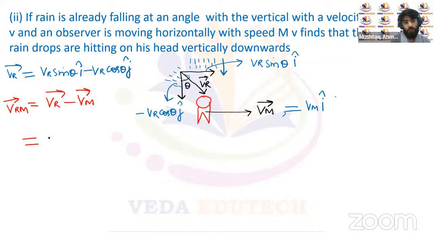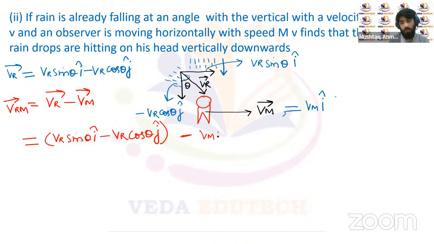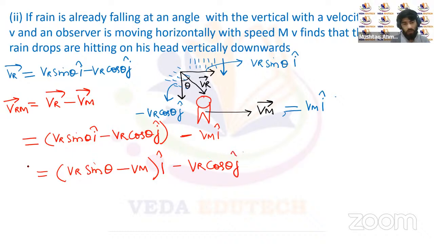So it will be Vr sine theta I cap minus Vr cos theta J cap, and minus Vm I cap. Rearranging, it will be (Vr sine theta minus Vm) I cap minus Vr cos theta J cap. So this will be the Vrm.